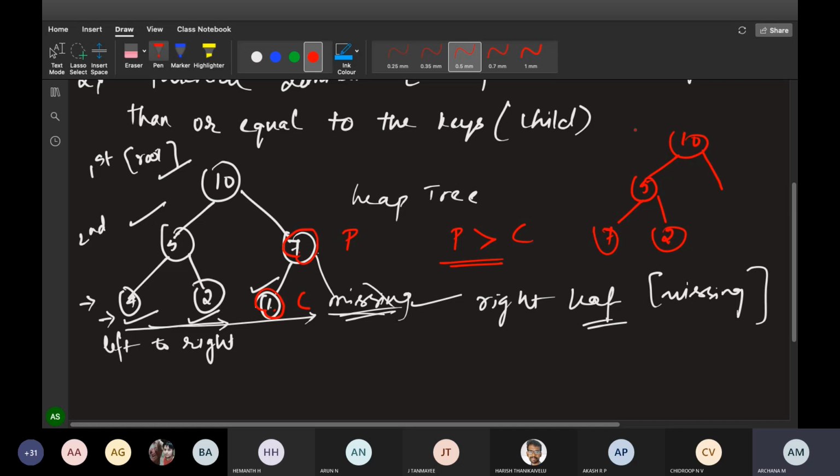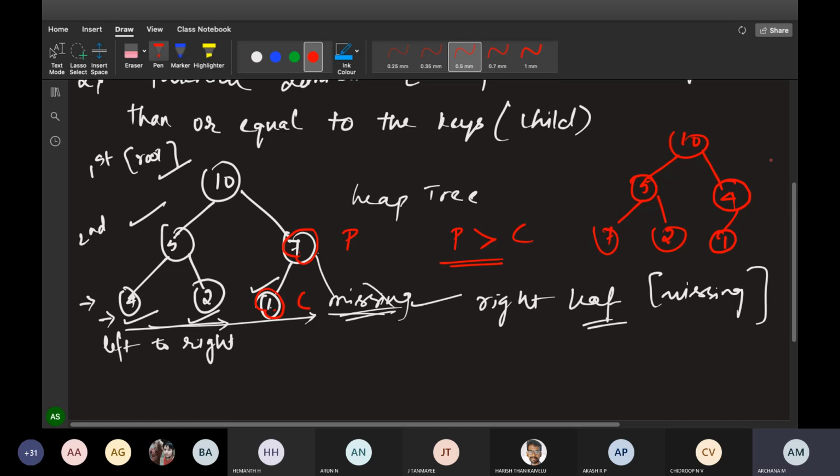This is a small tree. Can you tell me, is this a heap now? The first condition is satisfied, even though it is not having a rightmost child. You should complete the level. For example, I'll write this as 4, and somewhere I'll write this as 1.